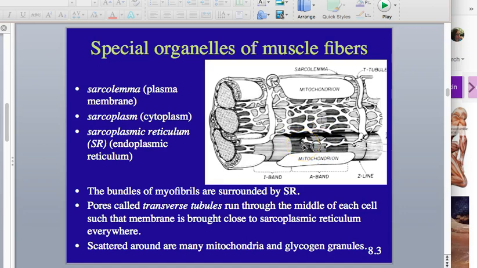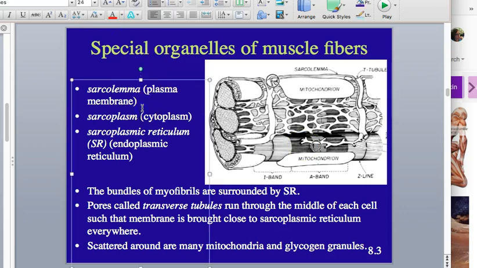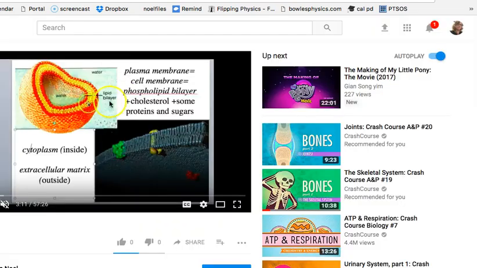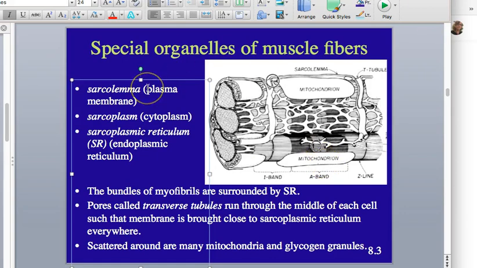Muscle cells, because they're doing something very specific, are a very specific kind of cell. They get a bunch of their own names. The sarcolemma is the plasma membrane. If you go back and watch this lecture, we talk a lot about this. The plasma membrane, or the cell membrane, is what surrounds the cell as a whole, and in muscle cells that's called the sarcolemma.